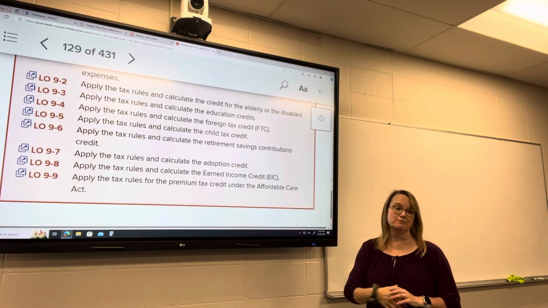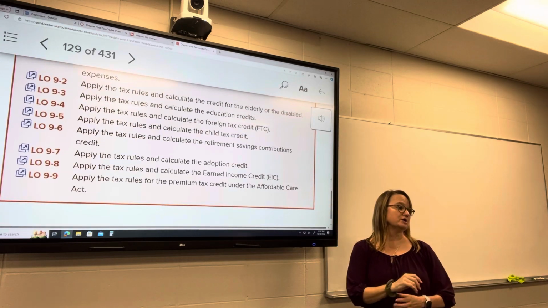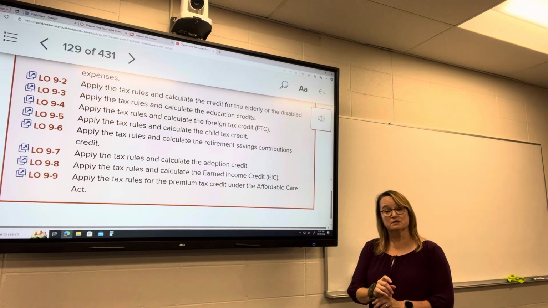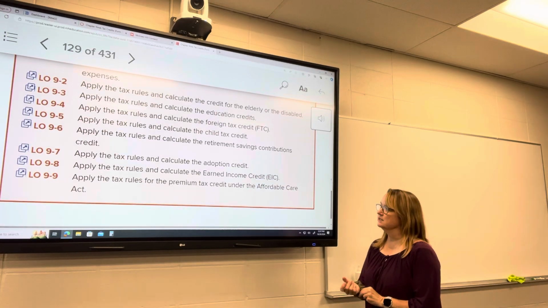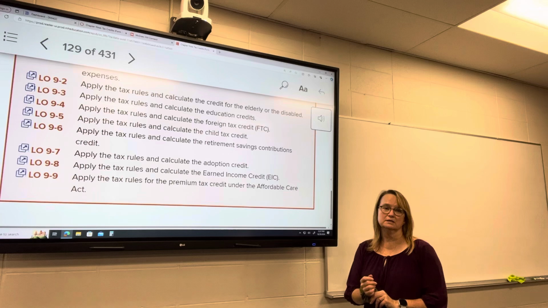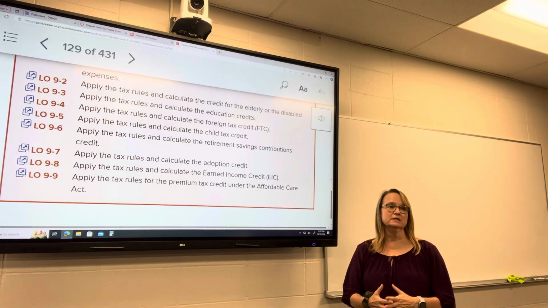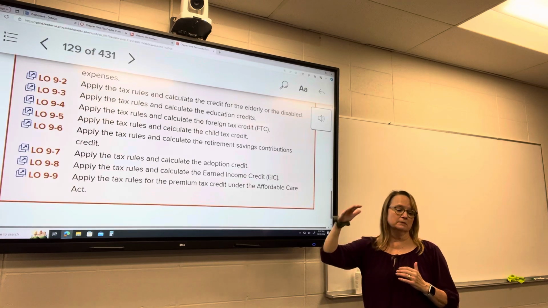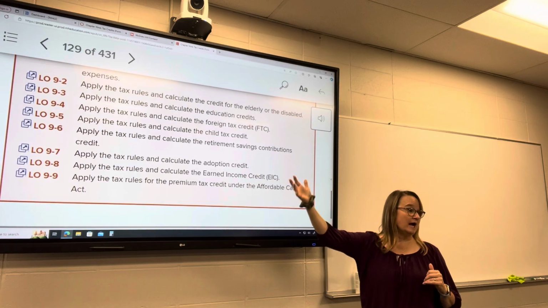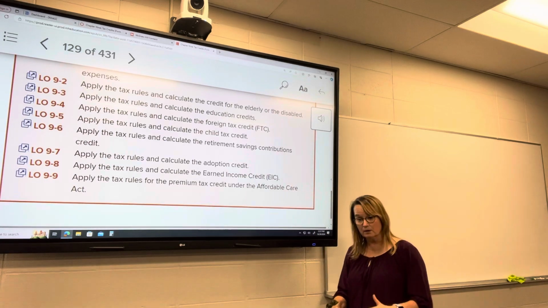The earned income credit, this is probably the area of this chapter that is the most involved. Earned income credit is a credit that is designed for very low income individuals, usually with children. If you have children, the income limits for the earned income credit are much higher. If you don't have children, they're quite low.